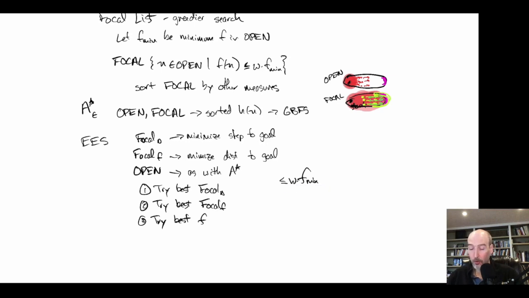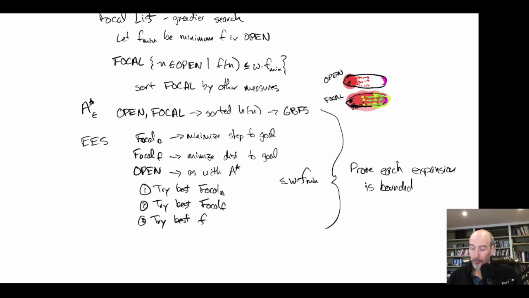In fact, for both A star epsilon and EES, they prove that each expansion is bounded. So I'm not allowed to expand a state until I prove that that node is within the limit of expansions that I'm allowed to do. I prove that that node is W suboptimal, and then I'm allowed to go ahead and expand it.